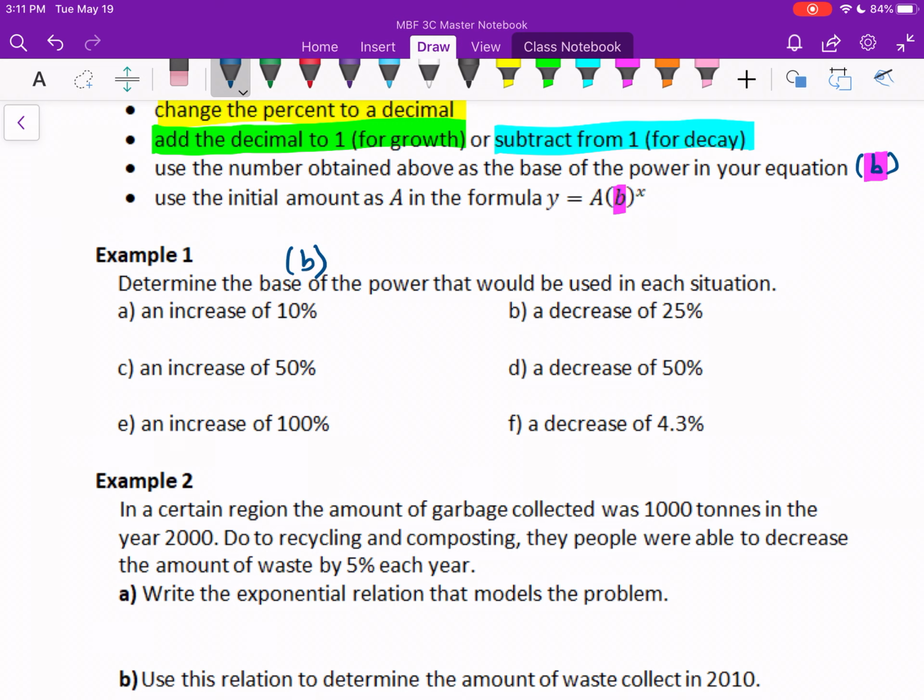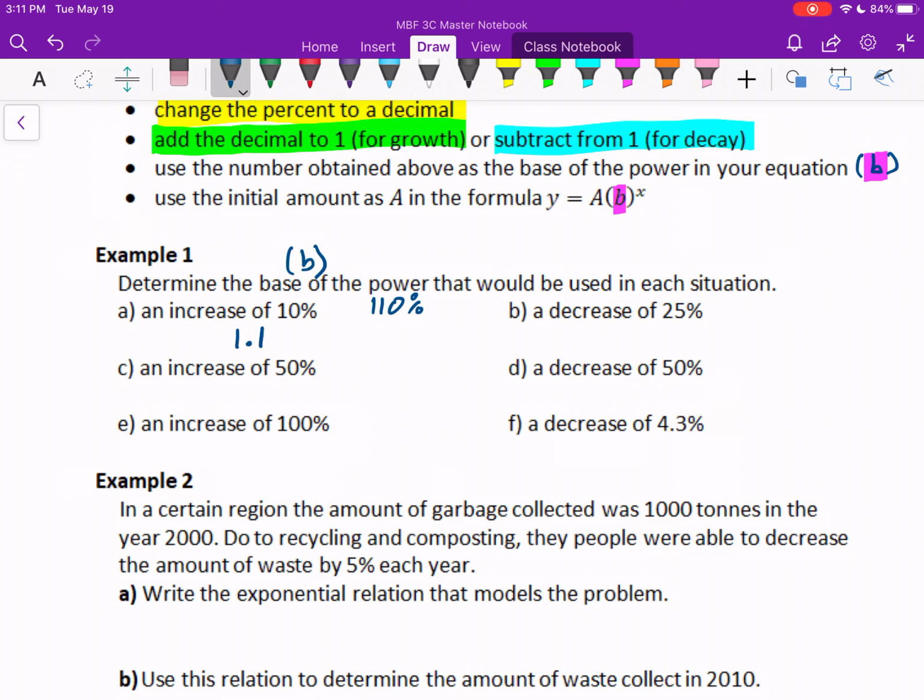So if something is increasing by 10% each time, that's what I was just talking about. That means that really we want 110% of what we had before. So we start off with 100% of something. However much we have, all of it, it's 100%. If it's going to increase, then it's got to go above 100% of what we currently have. So it's going to go up to, say, 110%. So an increase of 10% is now 110%. But our bases are always as decimals, so it would be 1.1.